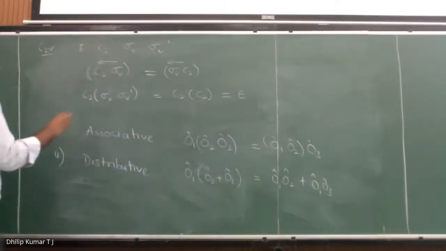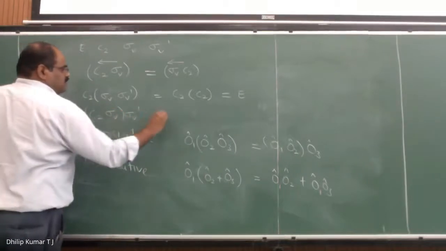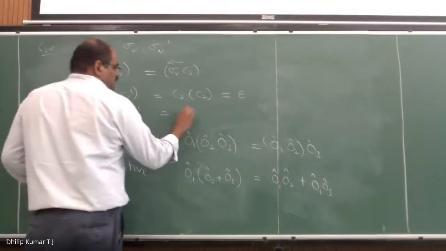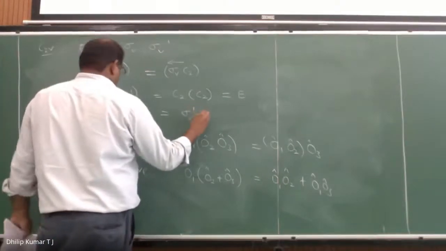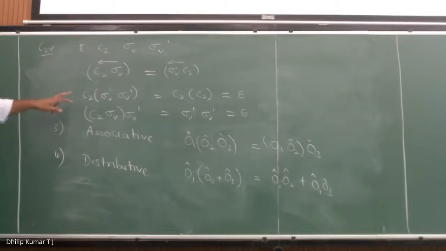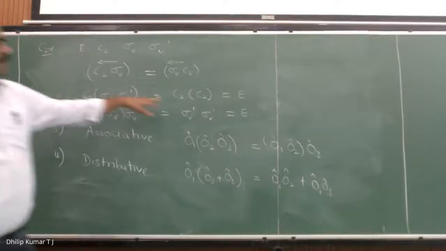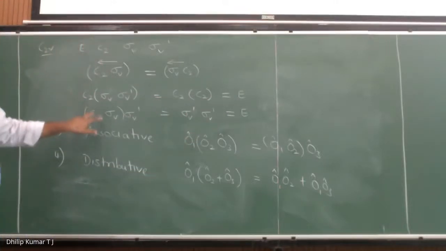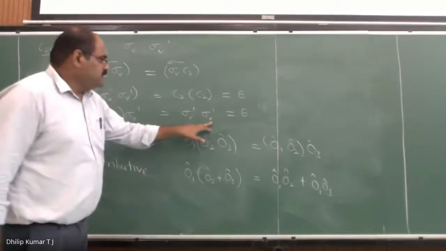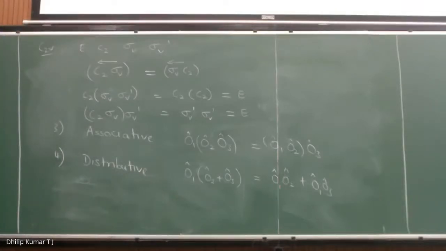If you start with C2 and sigma v first, that gives sigma v prime, and multiplying again with sigma v prime results in E. So the associative law holds good.